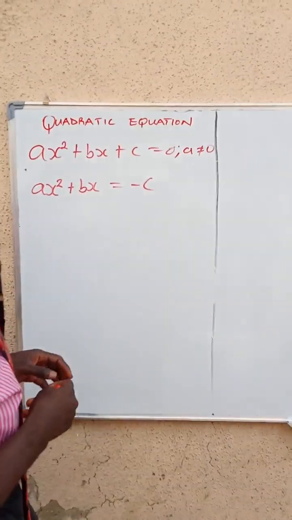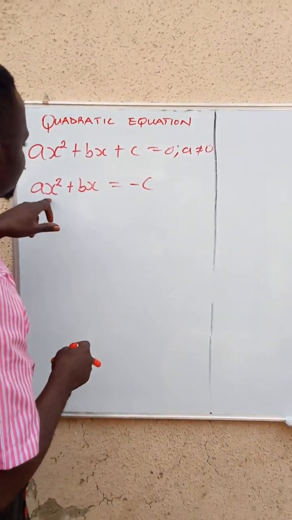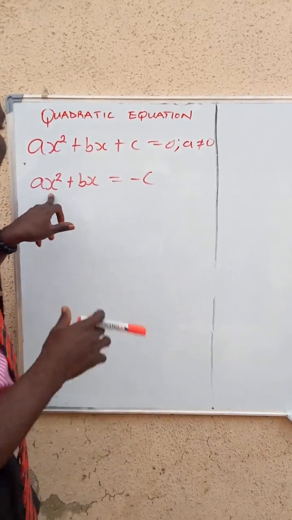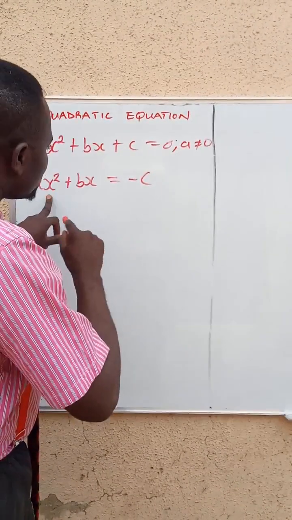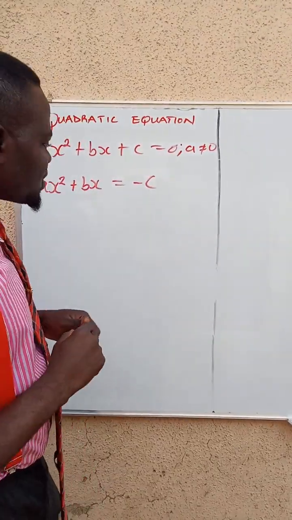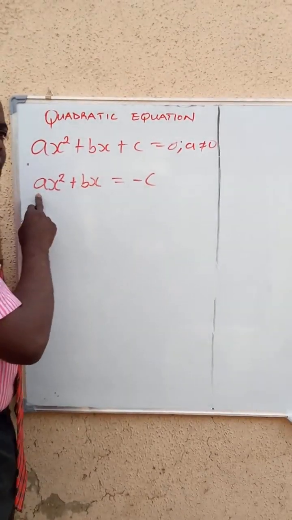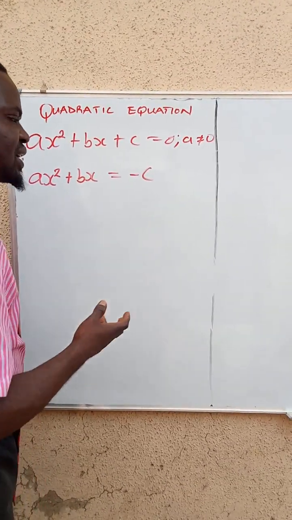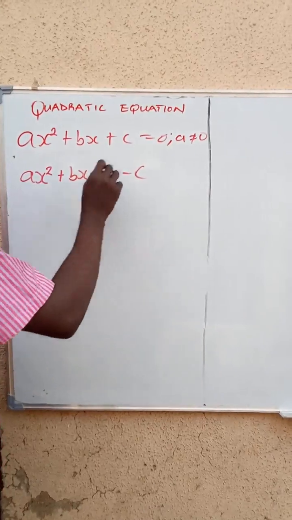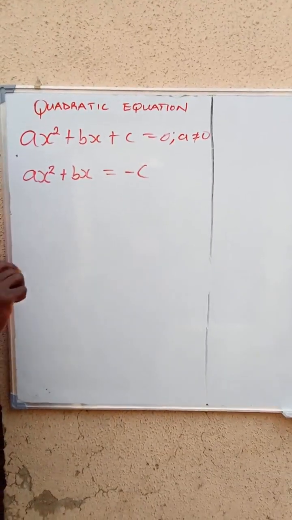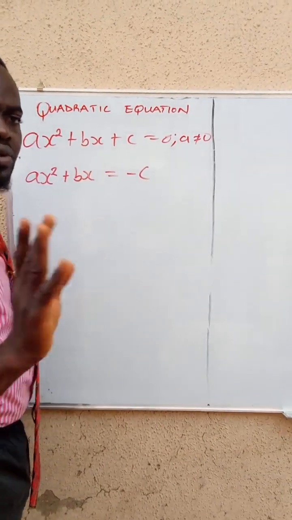And in completing the square method, if the coefficient of the squared term is greater than 1, you must divide through. But in this case, it's a. The constant can be 1, it can be 3, it can be 10, provided it's not equal to 0. It's only 0 that this constant cannot be. So we have to divide through.